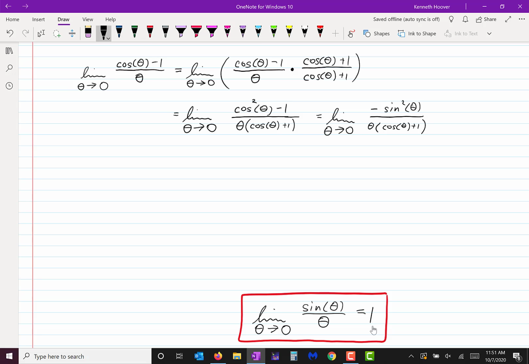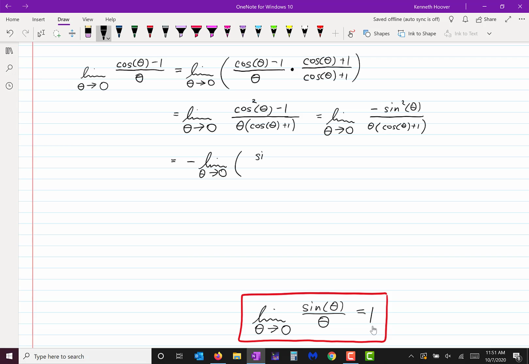Okay, now I'm going to take that negative that's on the top, and I'm going to factor it out in front. And then I'm going to take that fraction, sine squared theta over theta times cosine theta plus 1. And I'm going to break that up into two fractions.